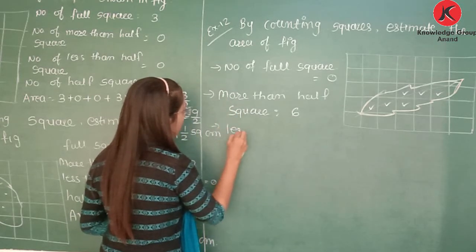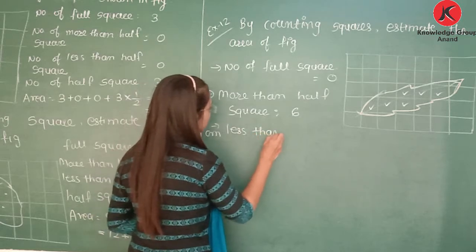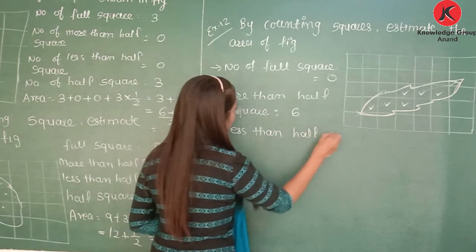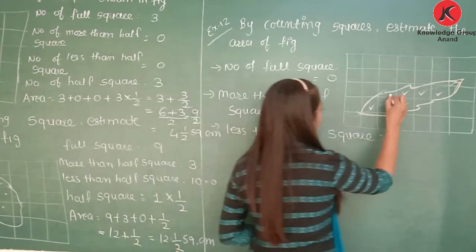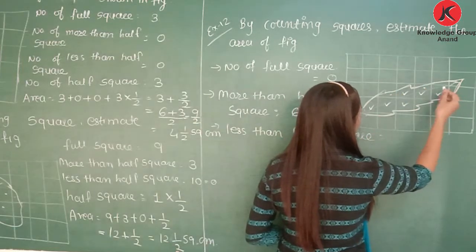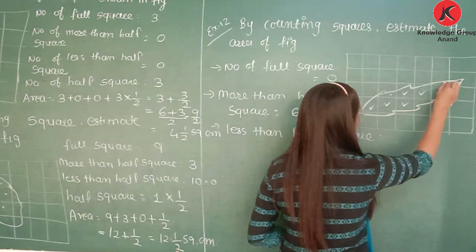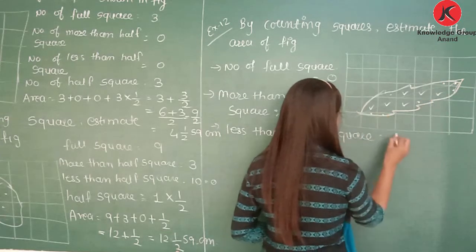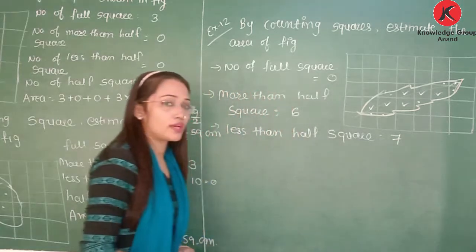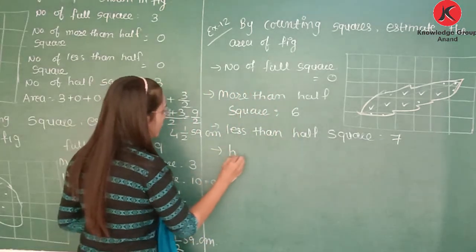Less than half square. Less than half square is considered as 0. So 1, 2, 3, 4, 5, 6 and 7. So here less than half square is 7. Half square.